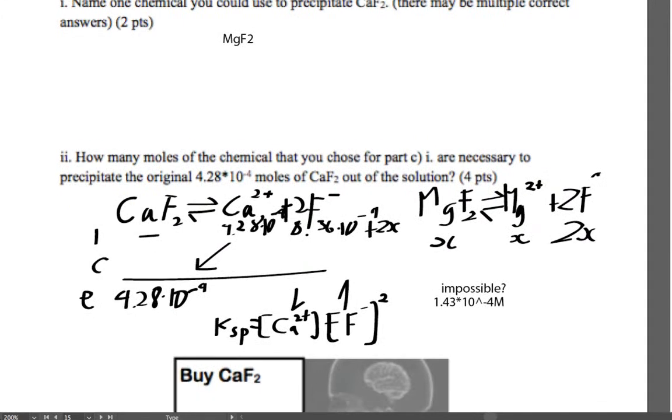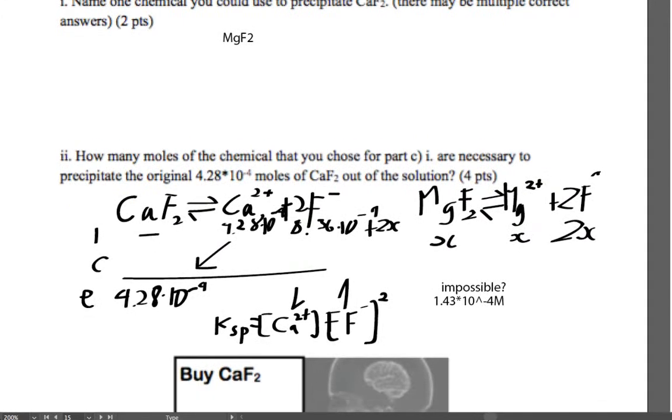But this is actually asking how many chemicals, not the volume, so we won't care about the volume. We will just assume the volume is constant, the same 3 liters. So we need to try to find that out.